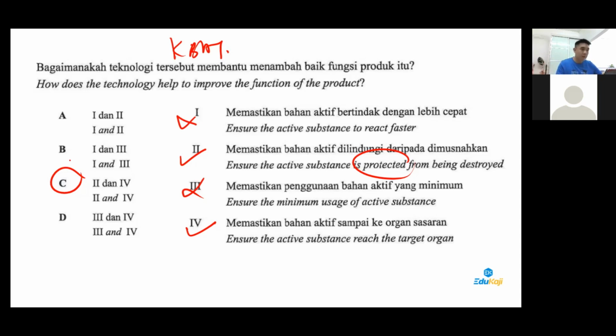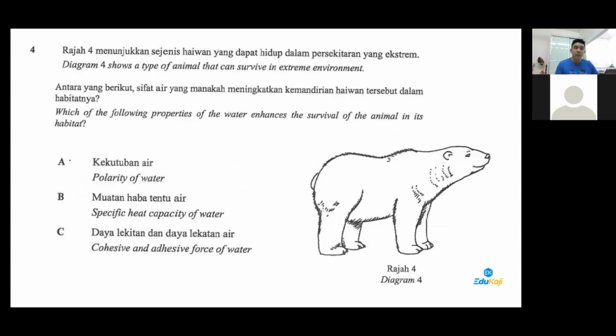Okay, guys, number 4 here. Which of the following properties of water ensures survival of this polar bear? The answer is B. Okay, guys. Polarity is related to water being a universal solvent.